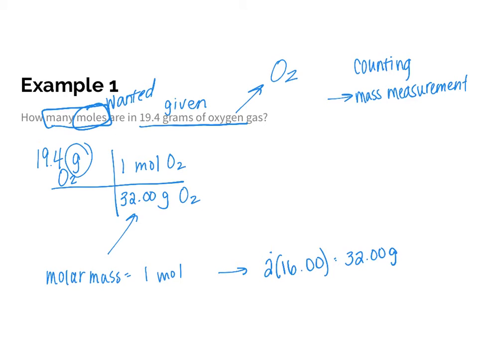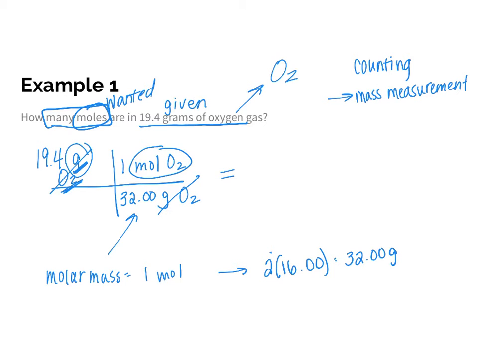Now, it's really important that when you are doing dimensional analysis with moles, and we're going to move into stoichiometry later, that you're always going to have a unit and a label. So your unit is going to tell you what kind of measurement it is. The label is going to tell you what the particle is. So here I can cross out my grams of oxygen, and I'm going to be left with moles of oxygen, which is what I'm solving for.